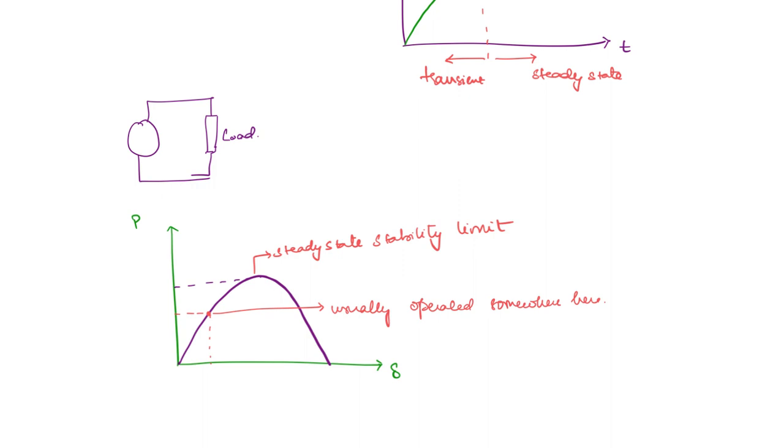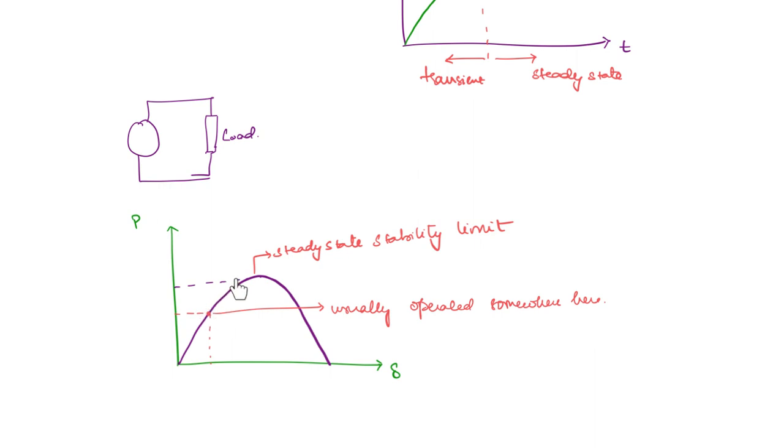Now when a disturbance occurs, what will happen? The generator will oscillate about this point. It will go like this and then come back and oscillate about it. Either it will settle down at the original state, or, if the conditions of disturbance are different, it might settle down at a new point. So we have to see how far it is oscillating.